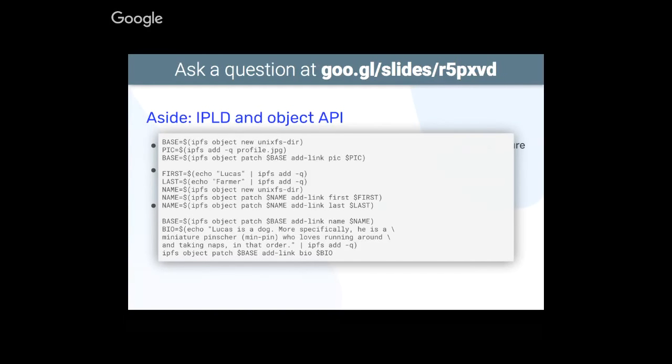And here I'm using Lucas as the example, Lucas the dog. So we want to add his profile picture to IPFS. So IPFS add, and we'll add his profile, and we assign the CID to the pic variable.